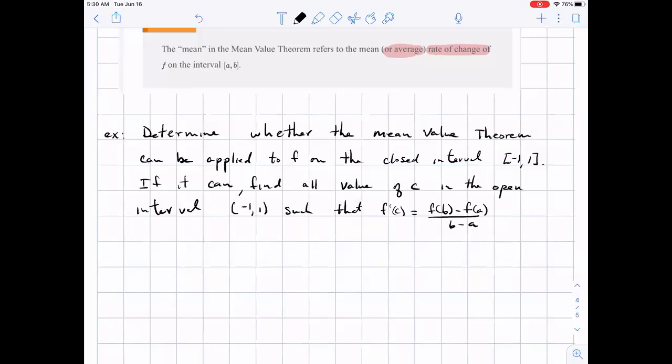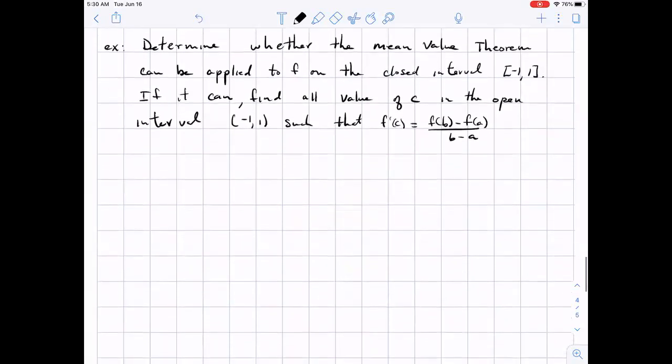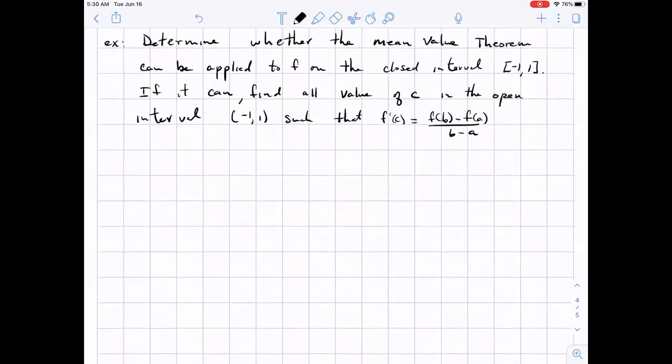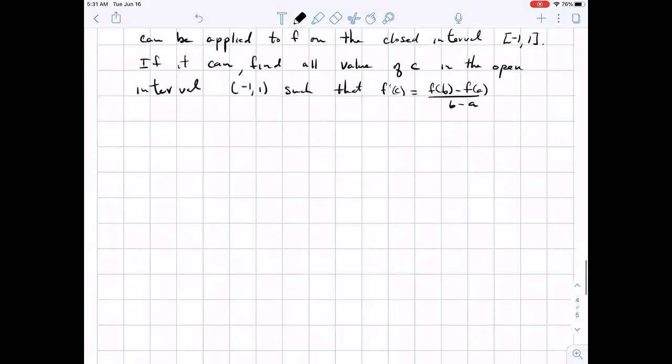If it can, find all values of c in the open interval -1 to 1 such that f prime of c is equal to f of b minus f of a divided by b minus a. So let's look at this. What are the steps involved? These two theorems are not very difficult. It's just an understanding of what they are.